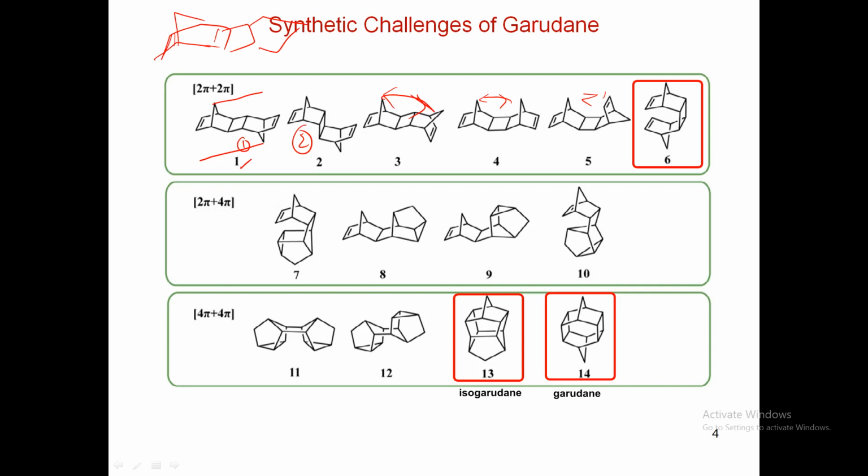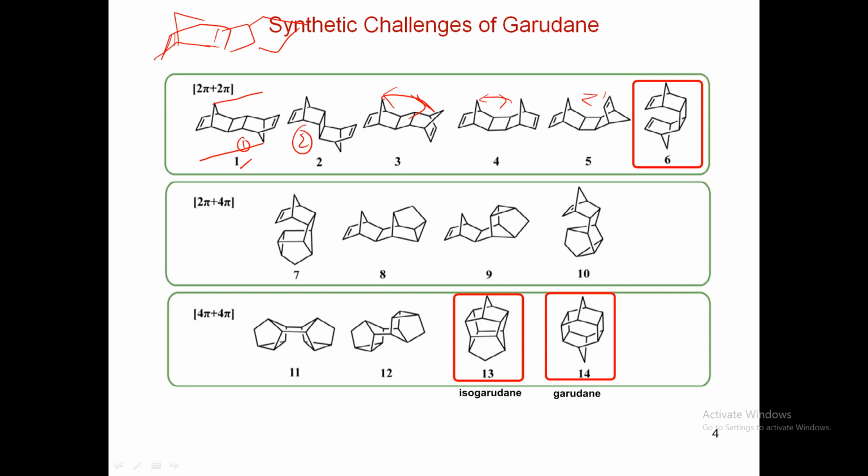2 pi and 4 pi cycloaddition would be generating this kind of 7, 8, 9, 10, which are definitely not related to gadurine. So just discarding those, and 4 pi we can think of.